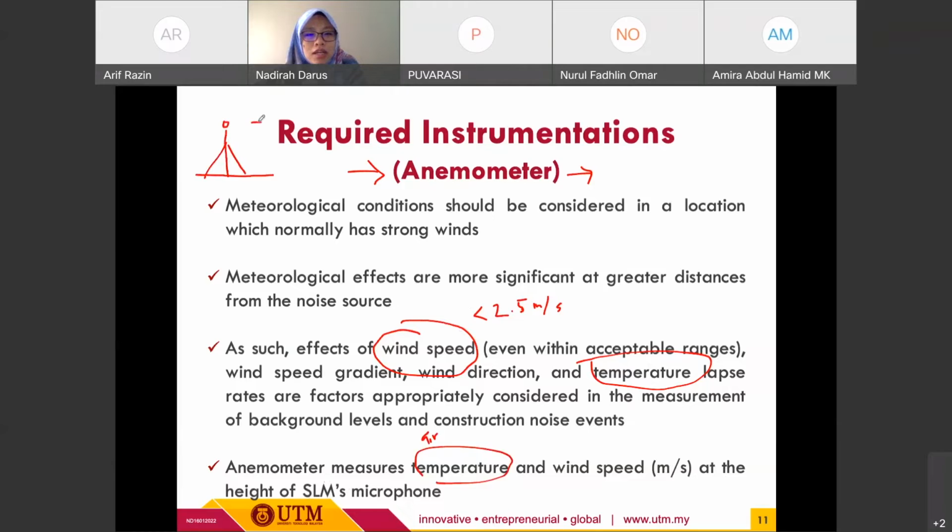We take the reading at this level, the same level as this mic. So the anemometer should be held at the same height as the microphone. That's all for the required instrumentation.